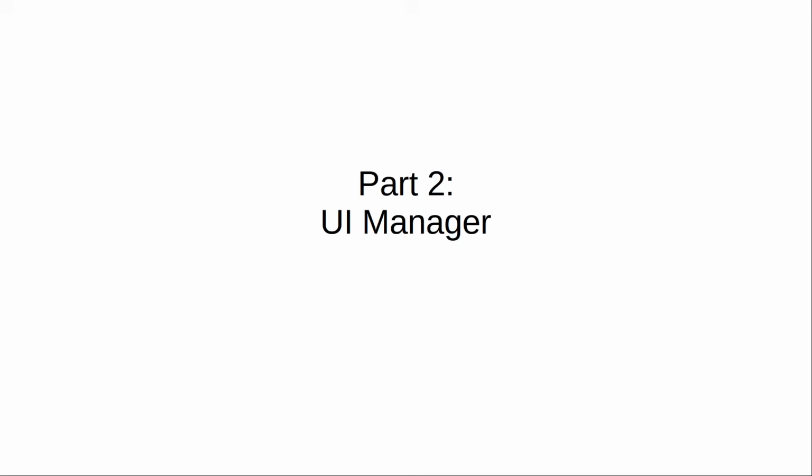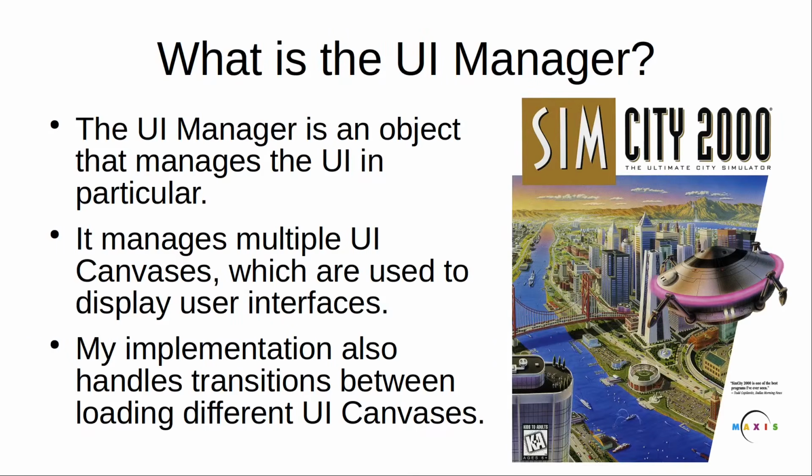Part 2, UI Manager. What is the UI Manager? The UI Manager is an object that manages the UI in particular. It manages multiple UI canvases, which are used to display user interfaces. My implementation also handles transitions between loading between UI canvases. Actually, this last part is not true.